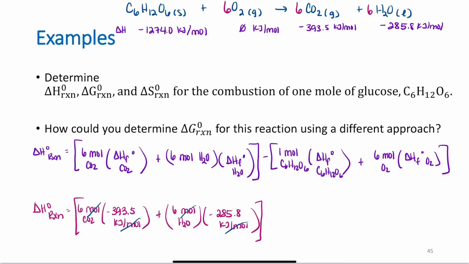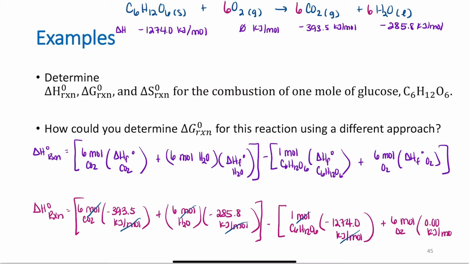Let's see, where am I? Minus 1 mole C6H12O6 times negative 1274.0 kilojoules per mole. Cancels moles there. Plus 6 moles of O2 times 0.00 kilojoules per mole.